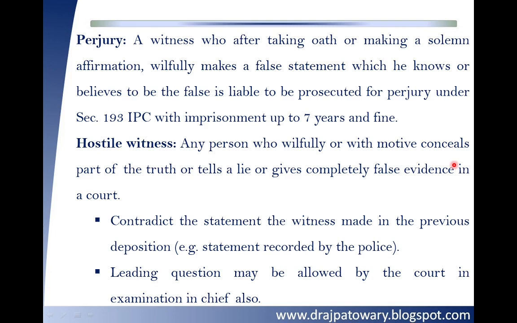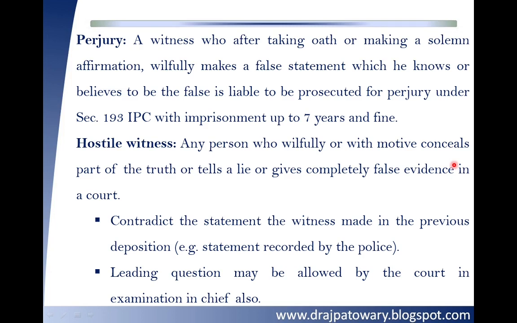The best example is the Best Bakery case. If you just look up the Best Bakery case on the net, you can see the statements. I forgot the name of the lady, but she changed the statement twice. So that is called a hostile witness. That witness may be declared a hostile witness on the plea of the prosecution side.